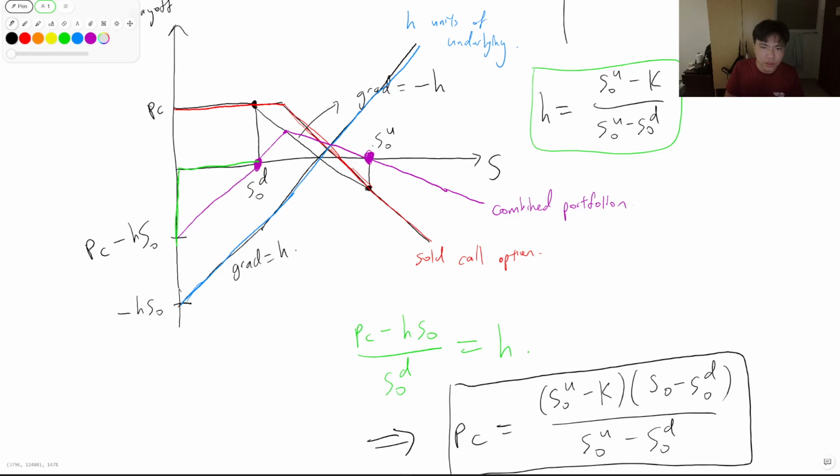If we wanted our payoff to pass through zero at S naught D and S naught U, this is the price we need to set for the call option.